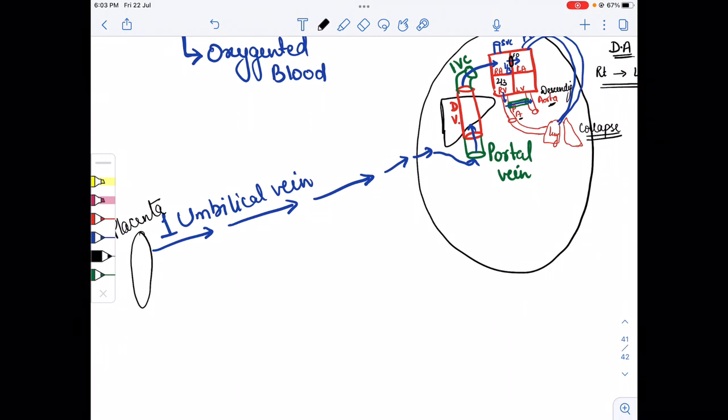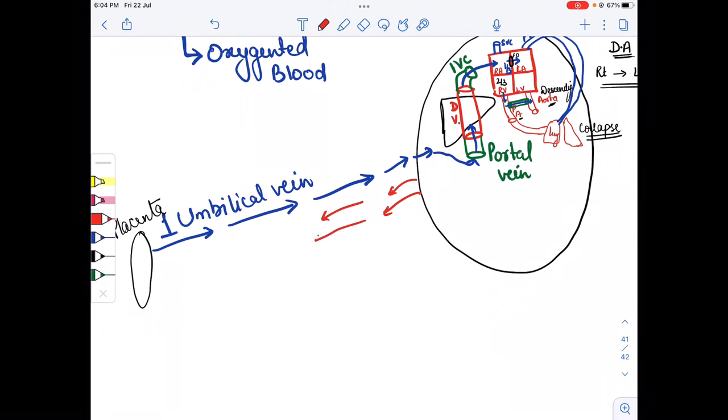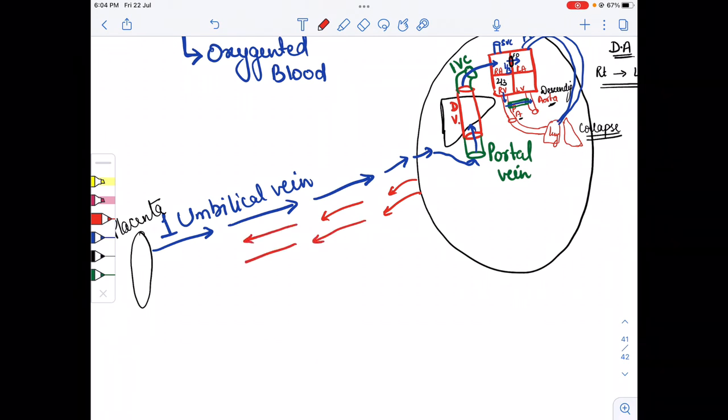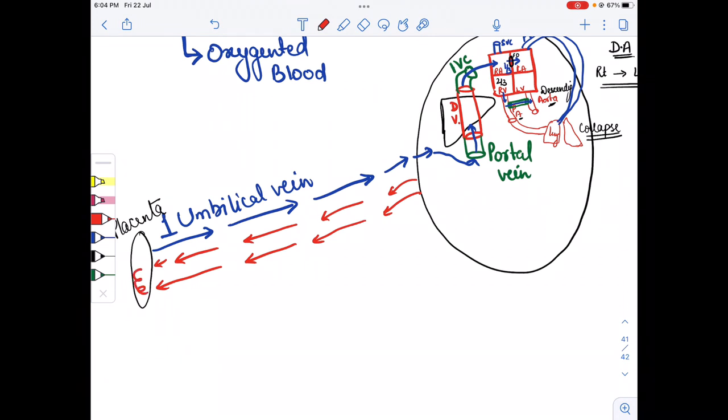But in the fetus, the place is the placenta, where the deoxygenated blood becomes oxygenated blood. So the whole blood returns to the placenta. How will it return? It will return by the umbilical arteries. And we all know we have two umbilical arteries, and here the blood is going to convert into the oxygenated form.